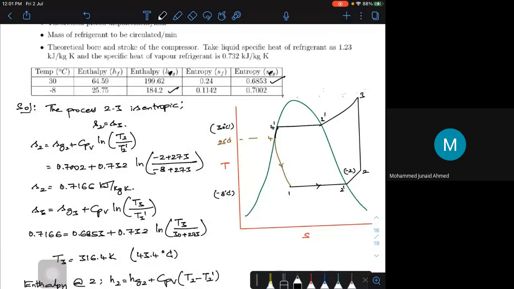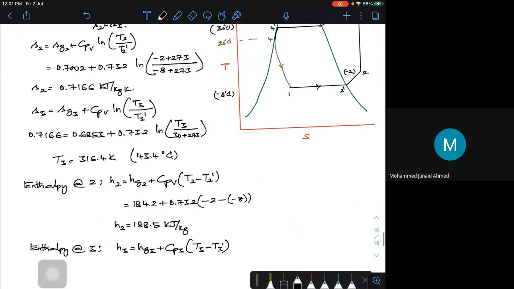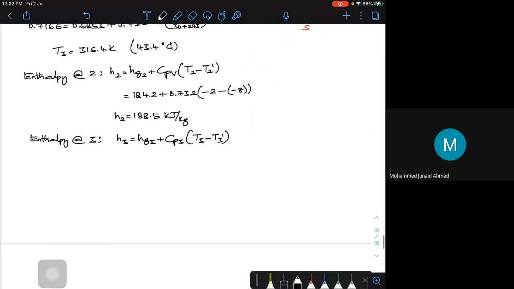Hg3 is equal to 184.2 plus 0.732 into 316.4 Kelvin minus 303, where 30 plus 273 is 303.